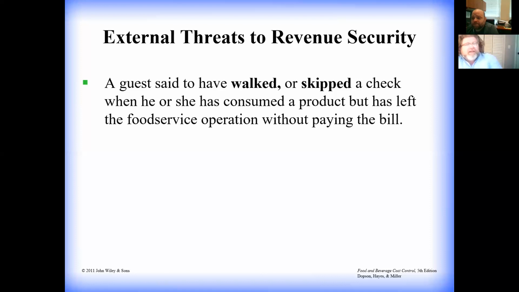I'm going to throw out my personal opinion here. And this is not part of the class. This is just personal opinion. But if you're a manager and you make your employees financially responsible for someone who dines and dashes, you're an asshole. Oh, 100%. To sit there and put the financial onus on them.